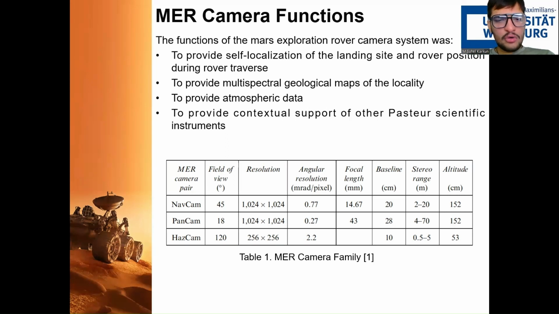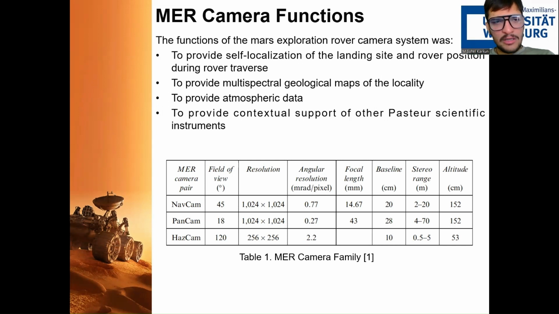The stereo range of navigation cameras lies from 2 to 20 meters. For panoramic camera, it lies from 4 to 70 meters, and for hazardous cameras, it lies from 0.5 to 5 meters. The altitude of navigation camera is 152 centimeters. For panoramic camera, also it is 152 centimeters, and for hazardous cameras, it is 53 centimeters.